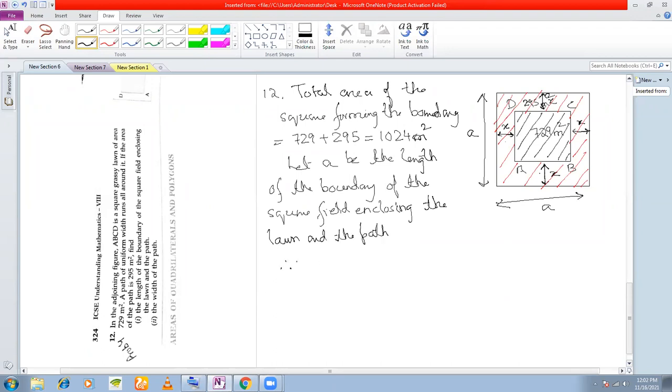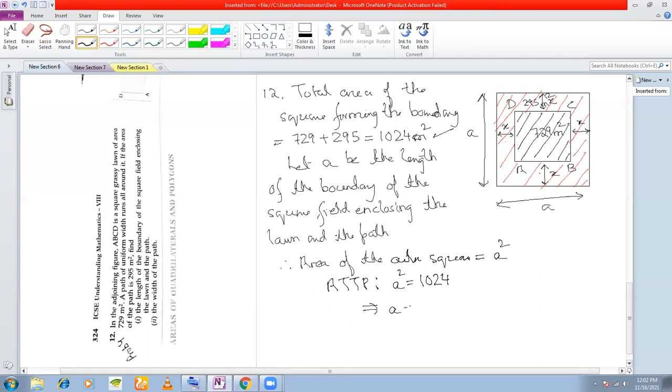Therefore, what is the area of the outer square? If each side I have taken as A, then area of the outer square is going to be A square. And what is the area here of the outer square? 1024. So according to the problem, A square must be equal to 1024, right?